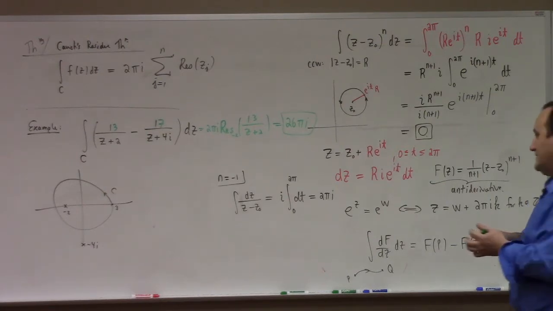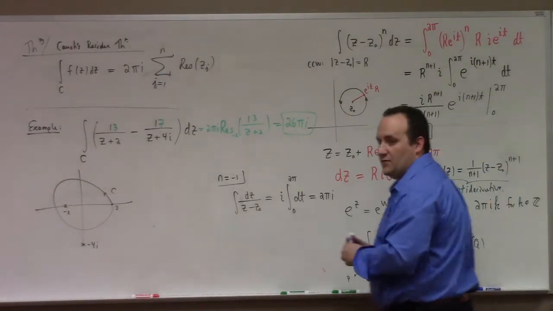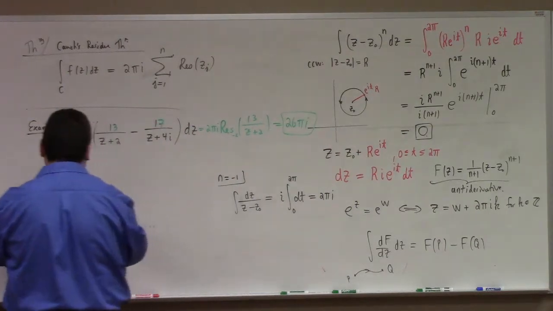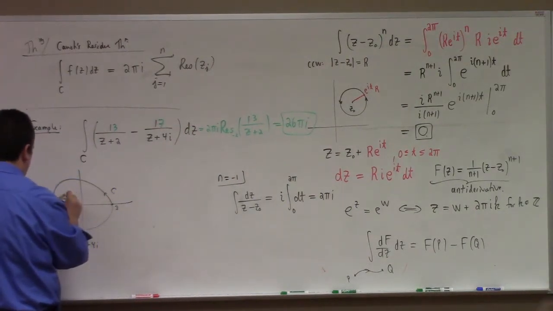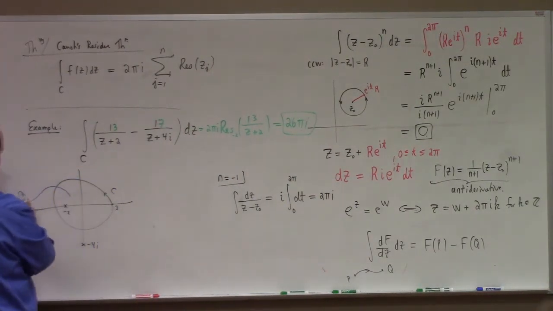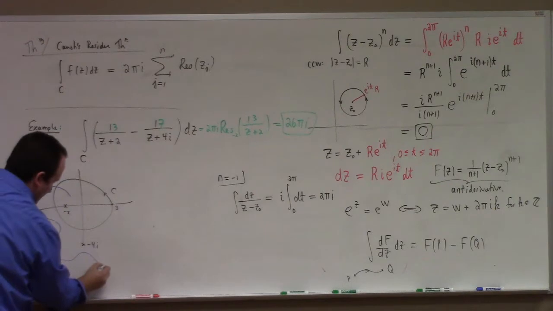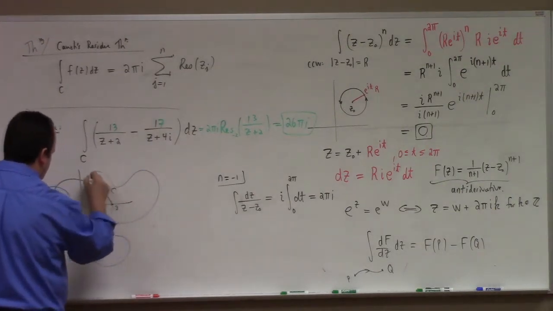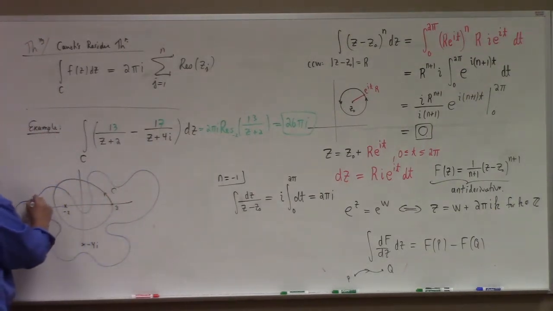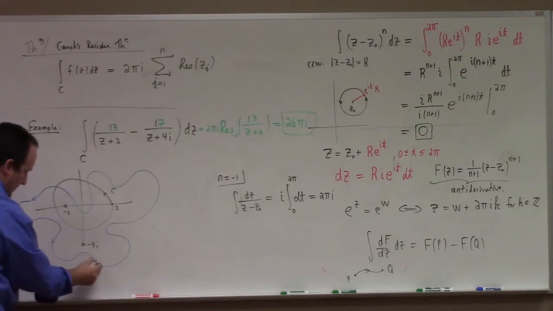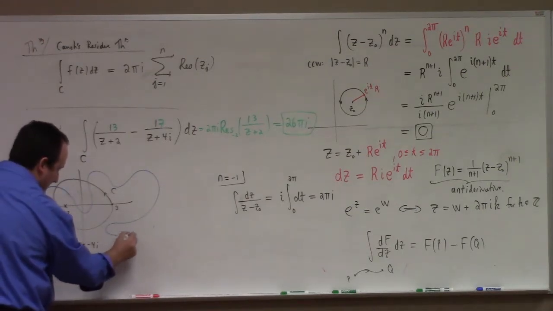If I take another curve, and the curve looks like this. Ooh, no, none of that. Whoa, whoa. Don't want any self-intersections, but like that. And suppose it's counterclockwise, right?